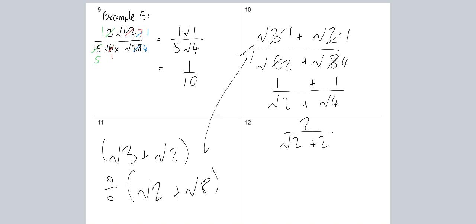Use your brackets like that. So this onwards, can you please use your calculator and come up with a number? And just these few people here, can you please work this bit out on your calculator? 2 divided by root 2 plus 2. Go.